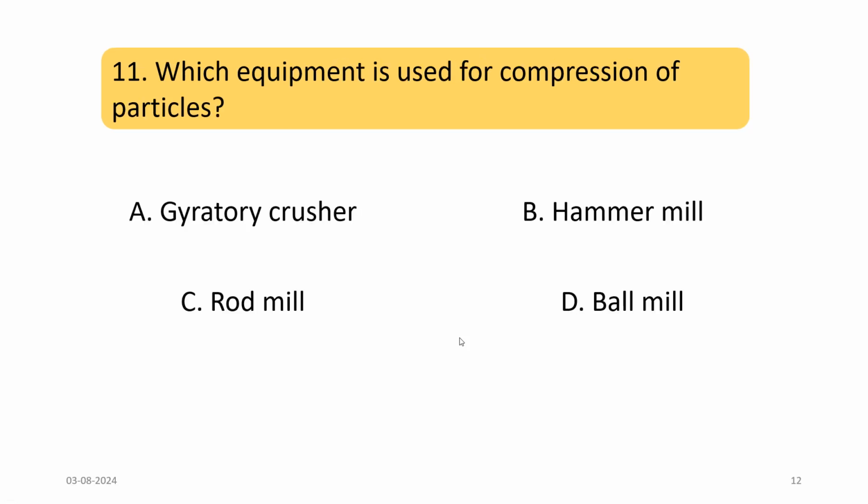Next question. Which equipment is used for compression of particles?